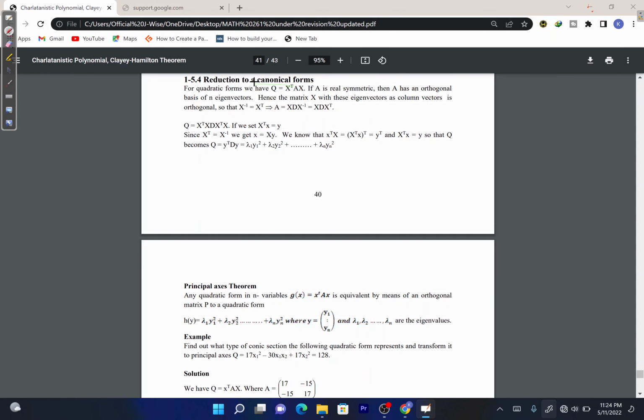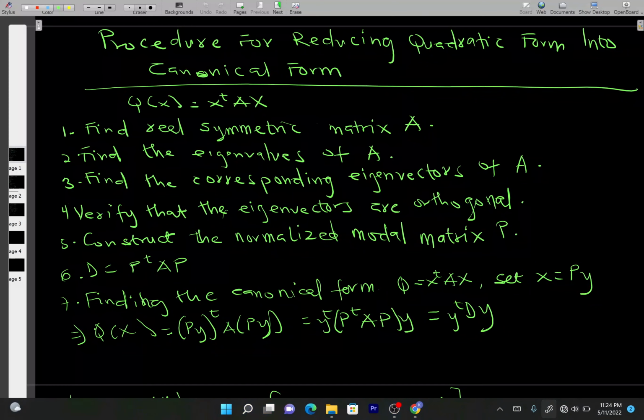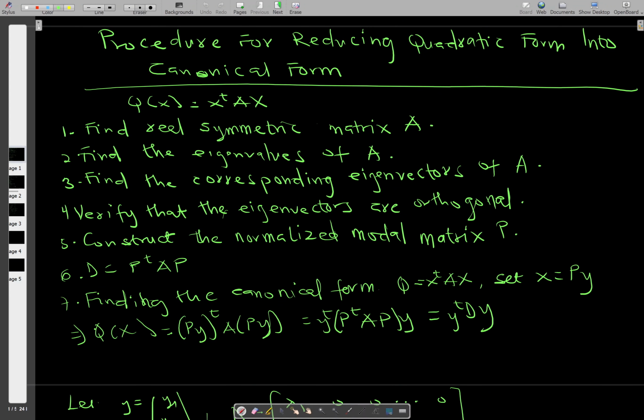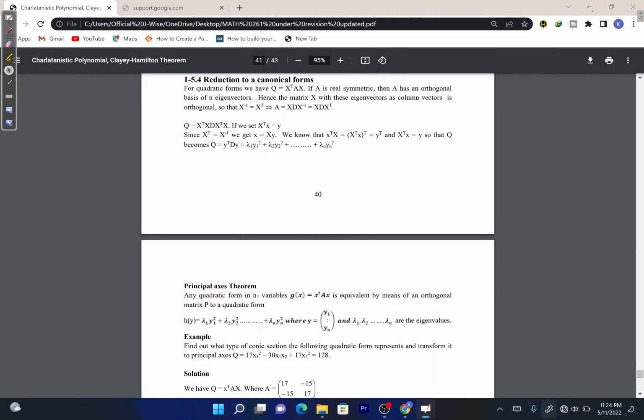When you have a quadratic form, Q equals x transpose Ax. If A is real symmetric, then A has an orthogonal basis of n vectors.